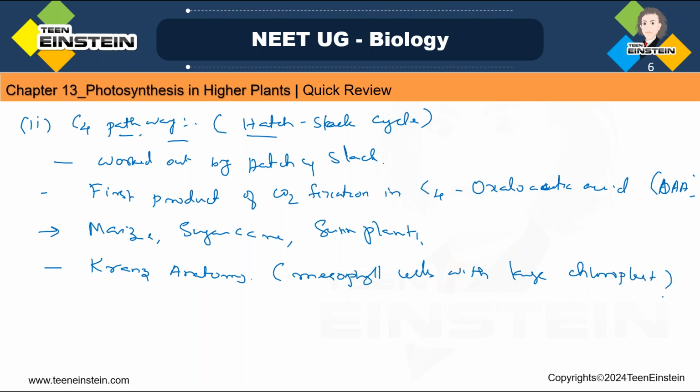Clear? And all the known C4 plants are angiosperms. Clear? Here, the CO2 combines with 3-carbon phosphoenol pyruvate.